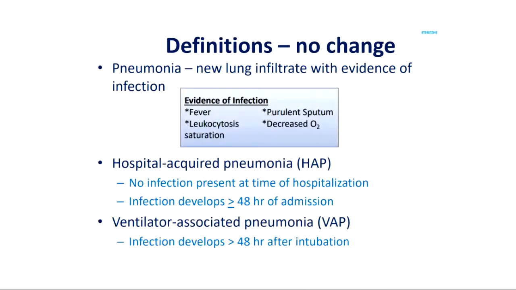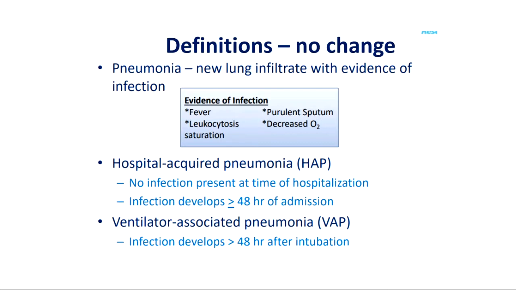So let us shift now to hospital-acquired infection. We have HAP and VAP. HAP is hospital-acquired pneumonia, VAP is ventilator-associated pneumonia.